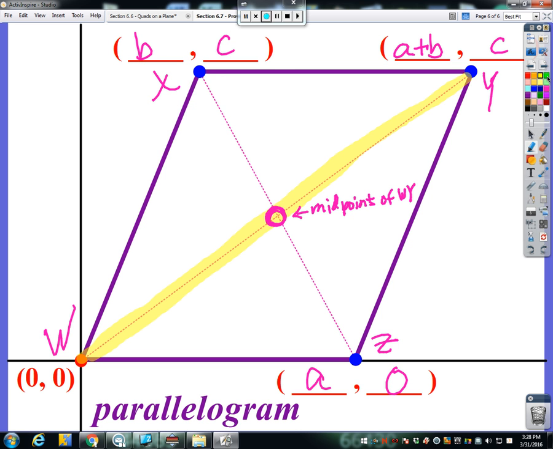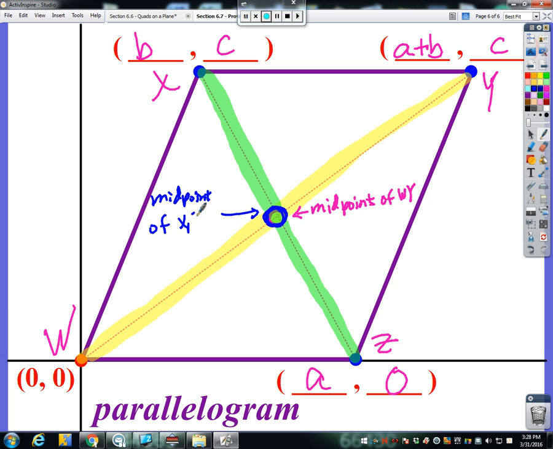But if we also think about this on the flip side, what if we were looking at diagonal XZ and we needed to know that it was being cut in half? Well, where would it be cut in half at? Right at the middle point, at the midpoint. So this would need to be the midpoint of XZ. So what needs to be true about this one singular point?